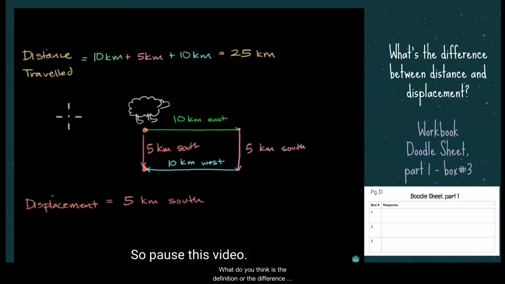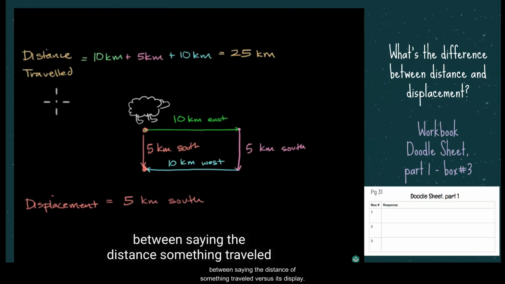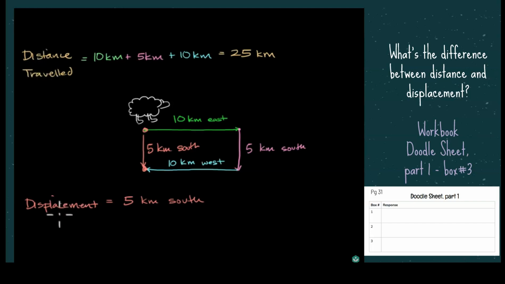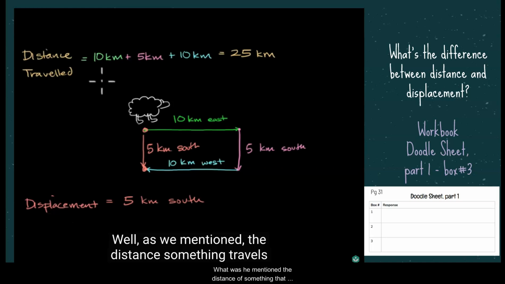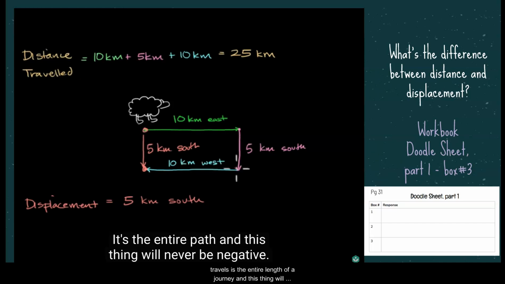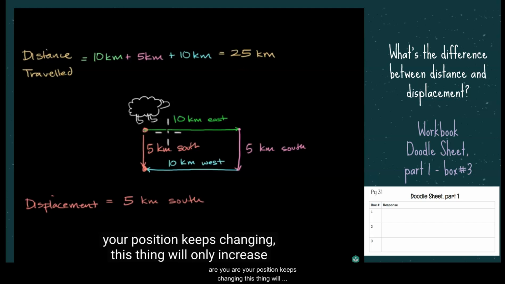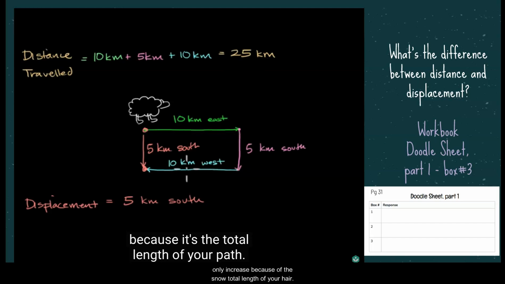So pause this video. What do you think is the difference between the distance something traveled versus its displacement? Well, as we mentioned, the distance something travels is the entire length of its journey. It's the entire path. And it will never be negative. As long as your position keeps changing, this will only increase because it's the total length of your path.